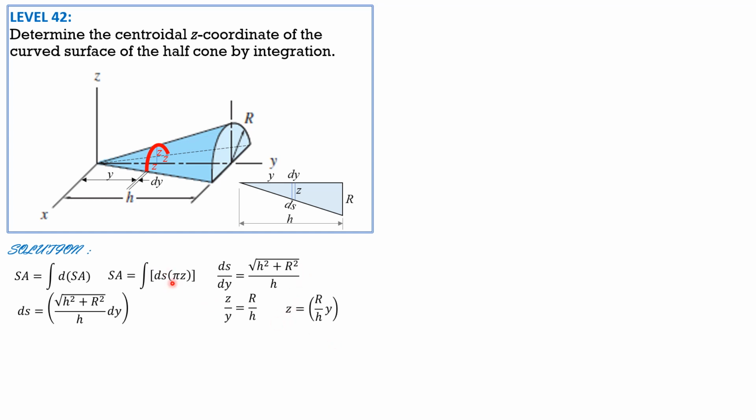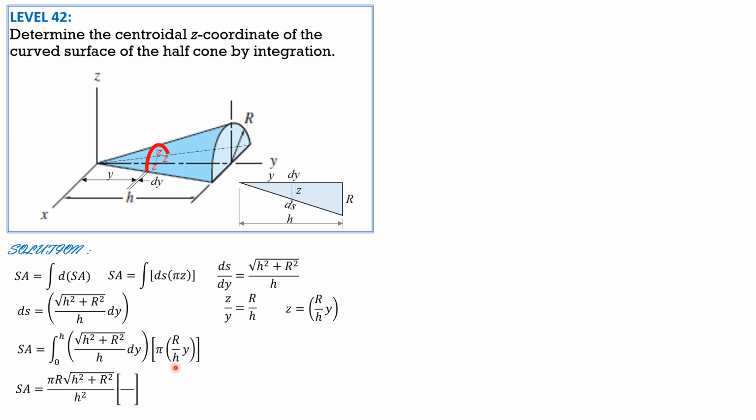So substitute into this formula, and the limit should be from 0 to h, because the variable of integration is y. So 0 to h of ds, which is the square root of h squared plus r squared over h dy, times pi times z. Simplifying, surface area is pi r times the square root of h squared plus r squared over h squared.